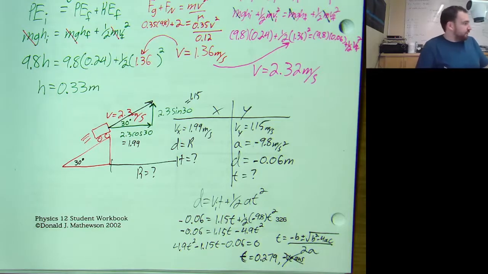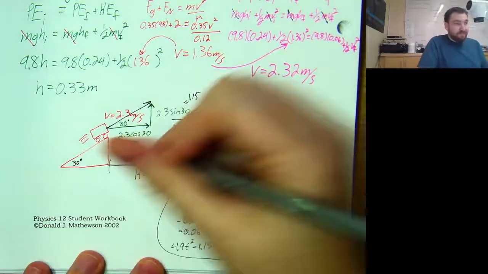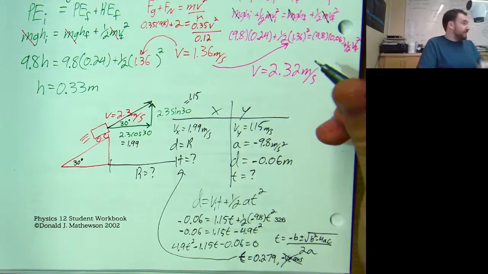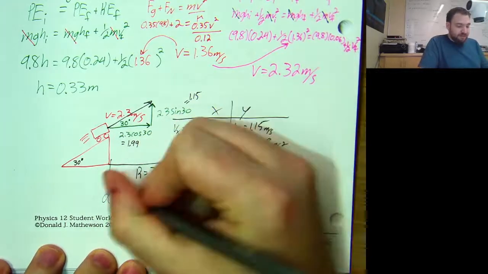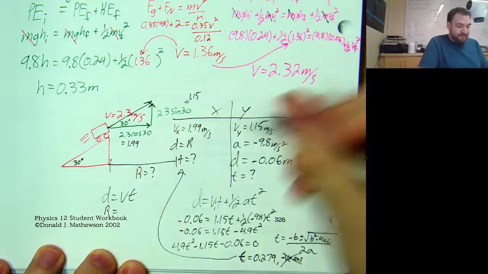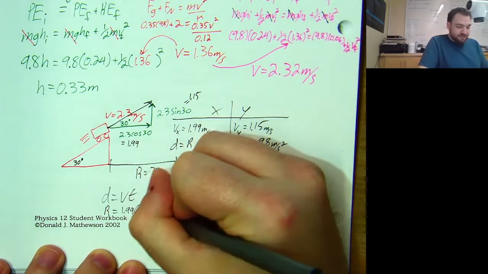So then those of us who've got 0.279, what are we going to do with that value? That thing just gets plugged back in over here into the x side of things. Because the x component's constant, that's just constant velocity. d equals vt. The range we're trying to find is going to be equal to 1.99 times 0.279 seconds.